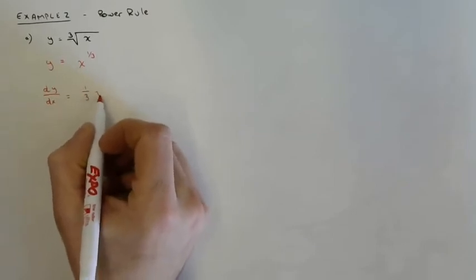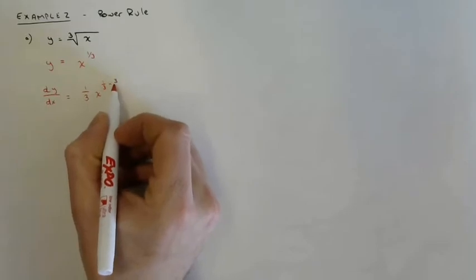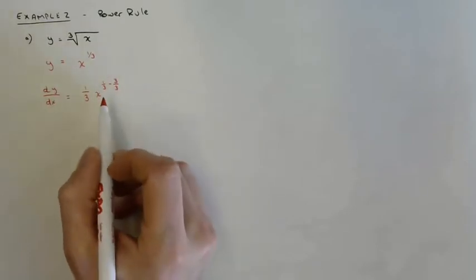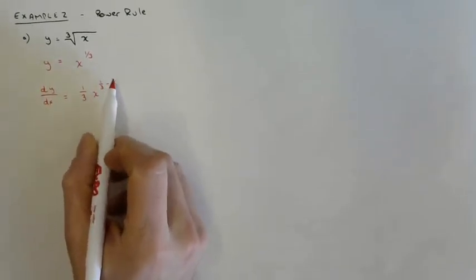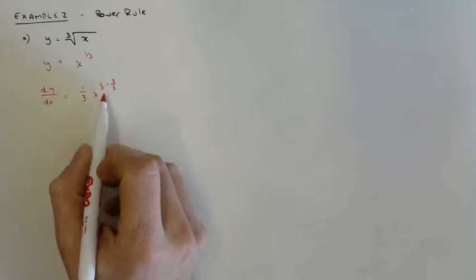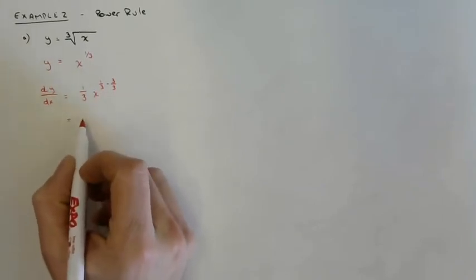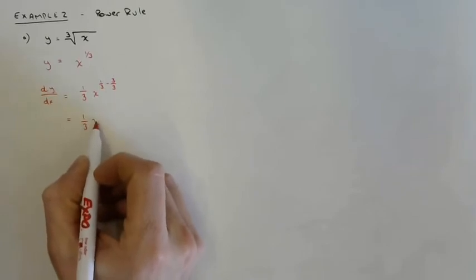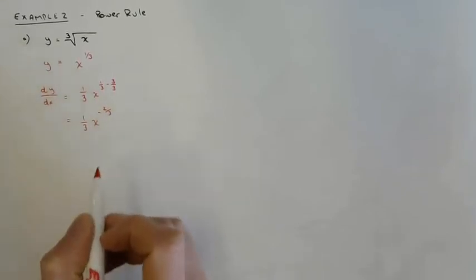We've got 1/3 out front, and then our exponent is going to go down by 1. I've already put 3/3 as my fraction over 1 so that I can subtract my fractions here. So we have 1/3 times x to the power of -2/3.